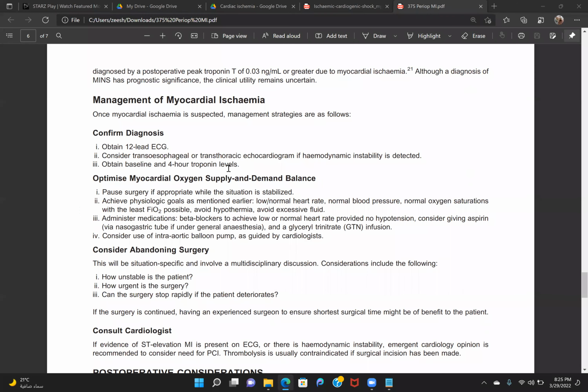Of course you cannot immediately send the patient to the cardiology suite, but you will try to abandon the procedure as much as possible, depending on which procedure is going on and what stage it is at. At that time you can put an NG tube and give aspirin. Am I right?